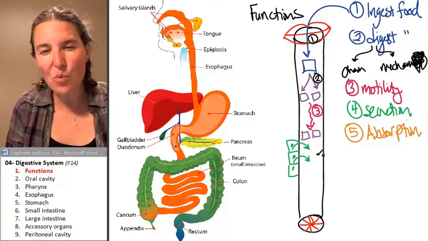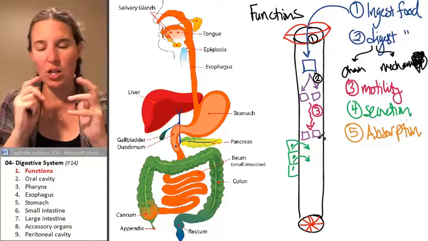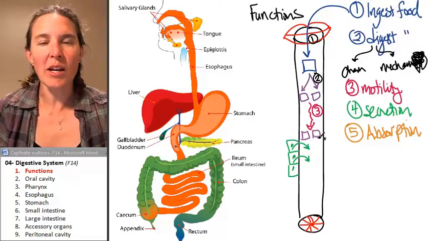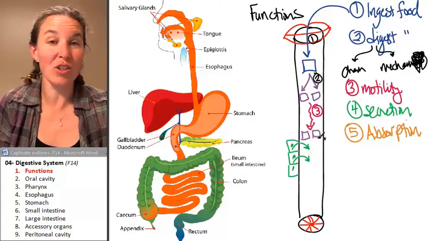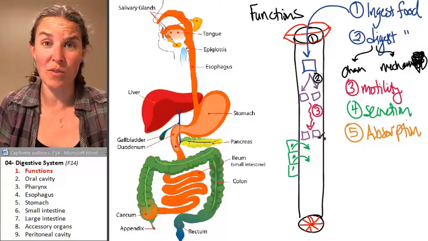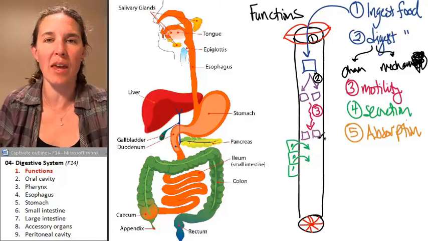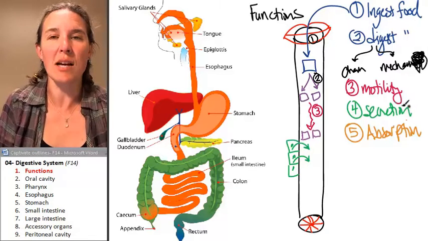So once you break down your chemicals, your food, it gets digested into smaller pieces. What is the point of breaking it into smaller pieces in the first place? Well, your cells actually cannot use the hamburger directly. Your cells have to use the molecules in the hamburger.